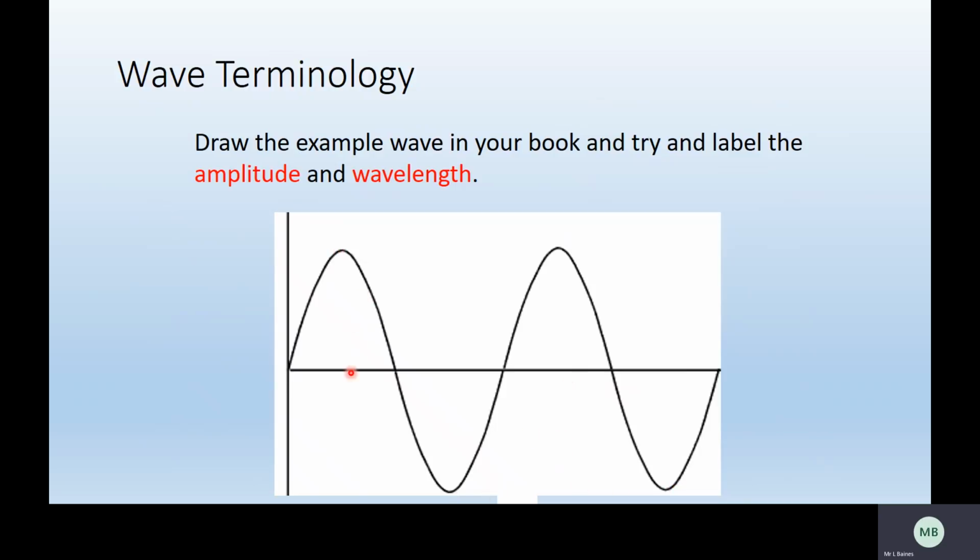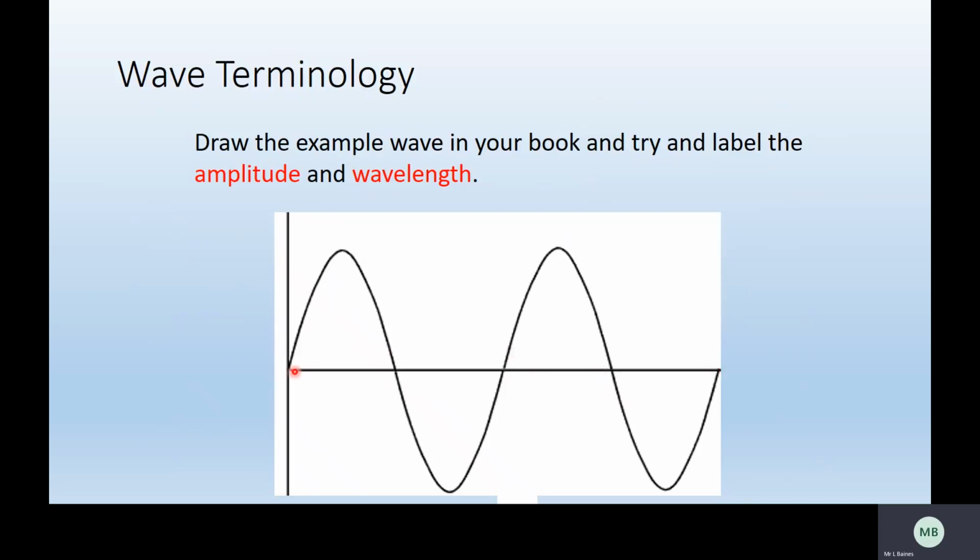So this distance from the middle should be the same as this distance from the middle. The other thing you need to make sure is that they are evenly spaced. So this section for this part of the wave is the same distance as this, is the same distance as this, is the same distance as this.